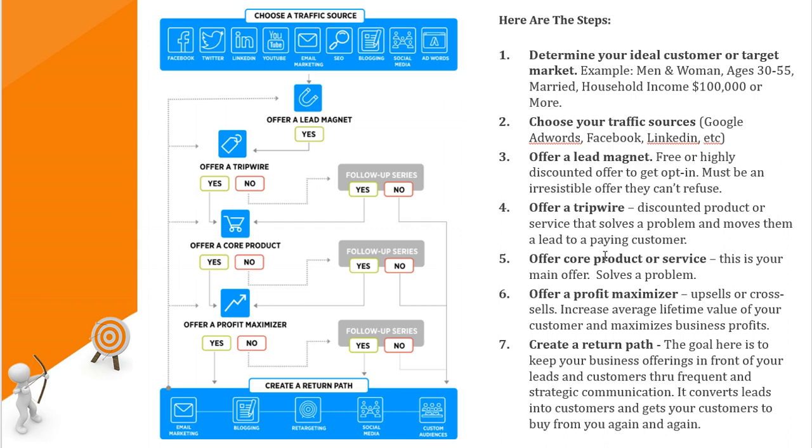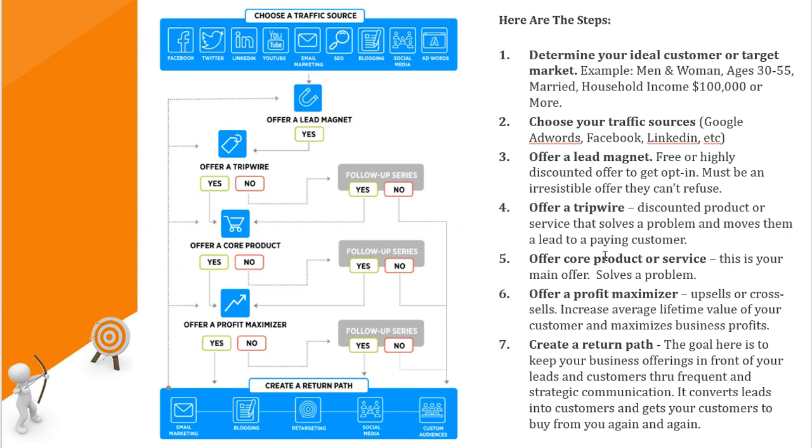All right. And number 6, offer a profit maximizer. And that is simply an upsell or a cross sell. When you go to McDonald's, for example, and they don't always do this, but sometimes when you purchase a hamburger, they might say, would you like fries and a drink with that? I'm already going to buy something from them, but they're offering me something that complements the thing that I'm buying.